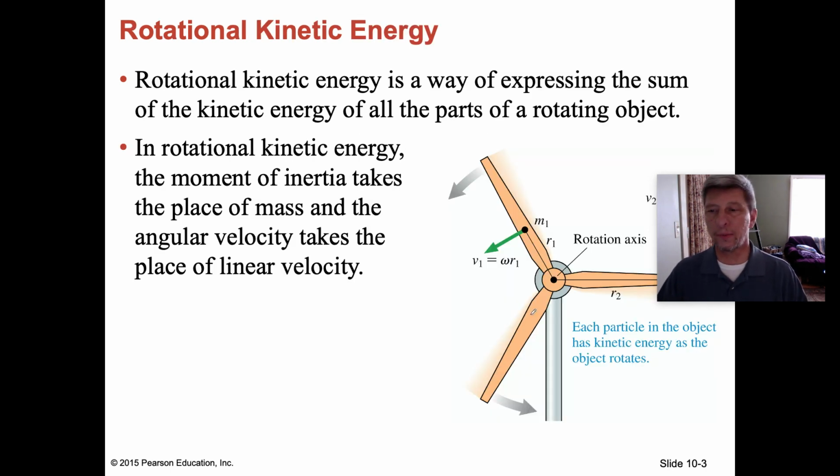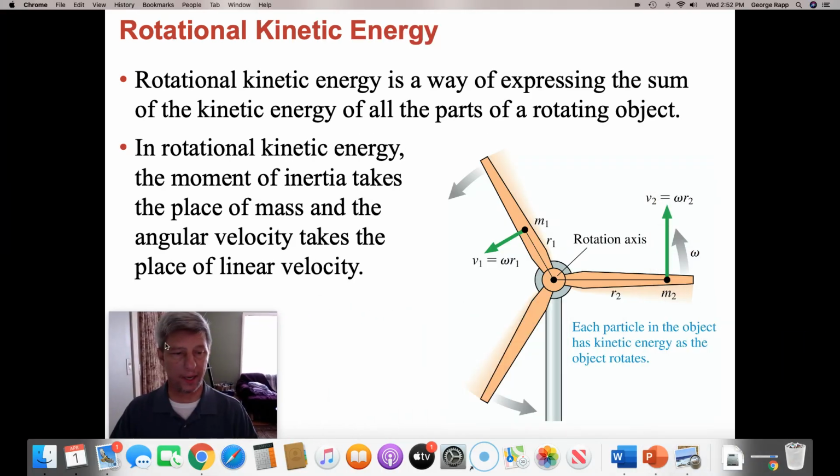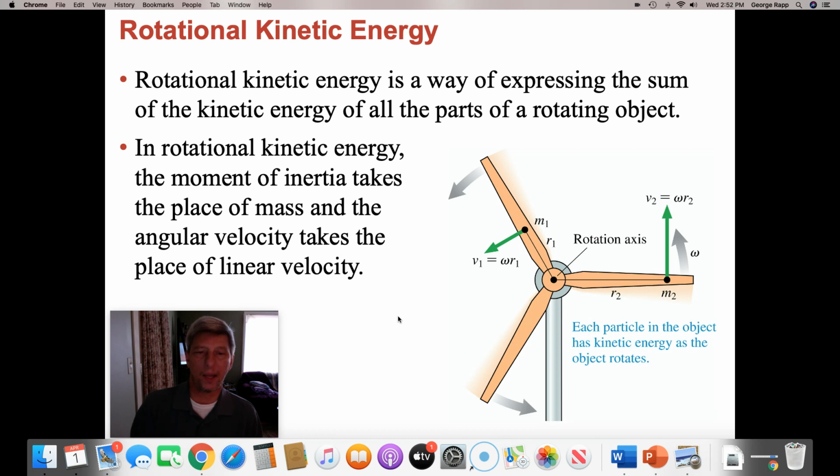Now, in terms of rotational kinetic energy, it is simply a way of expressing the sum of all the kinetic energy of every single part of a moving or rotating object. So in order to calculate the rotational kinetic energy, instead of using the mass, you use the inertia, and instead of using linear velocity, you use the angular velocity.